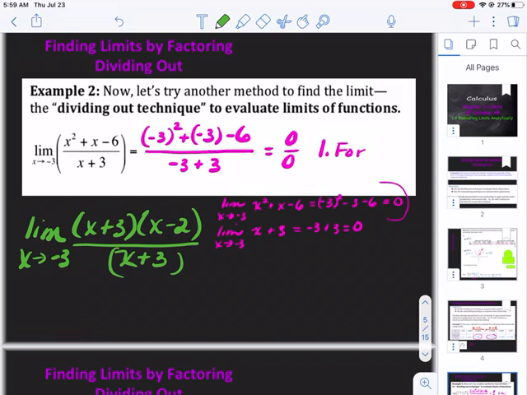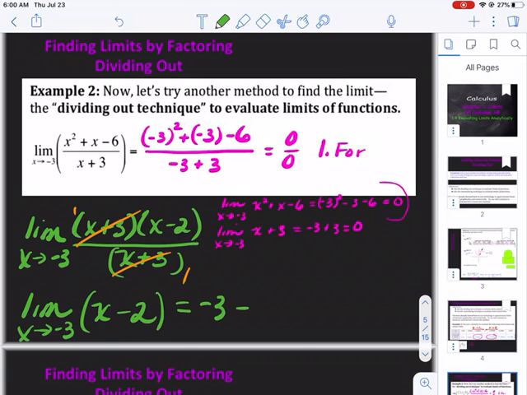So I'm going to cancel the common factors of x plus 3. Remember that I really cancel out that factor of 1, and then I get the limit as x approaches -3 of x minus 2. So I have -3 minus 2 as my direct substitution again. Now I just plug back in, and it appears that I get -5.